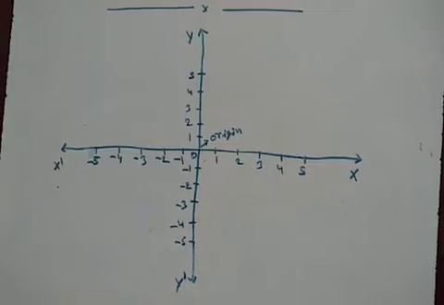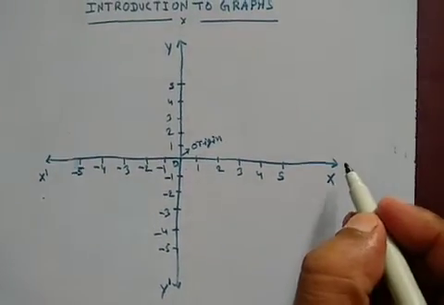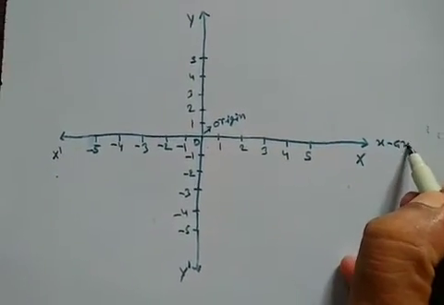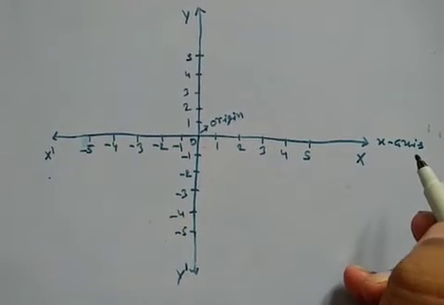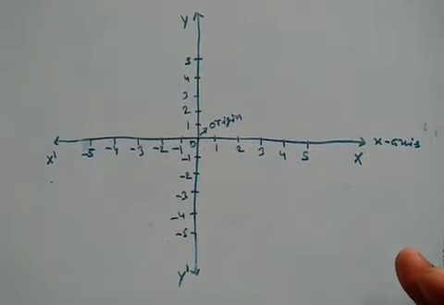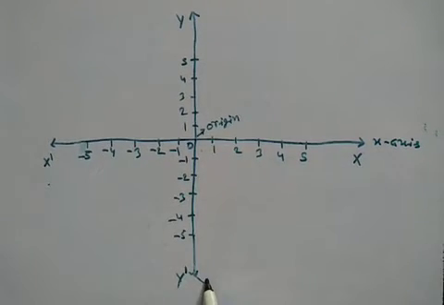Remember, the horizontal number line is called the x-axis, and the vertical number line is called the y-axis.